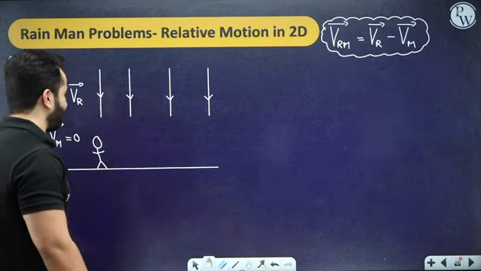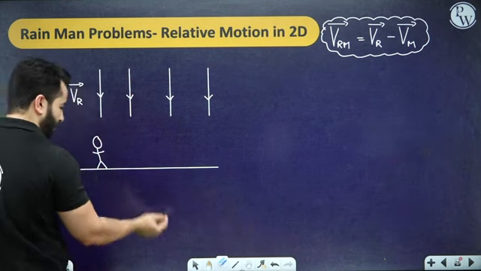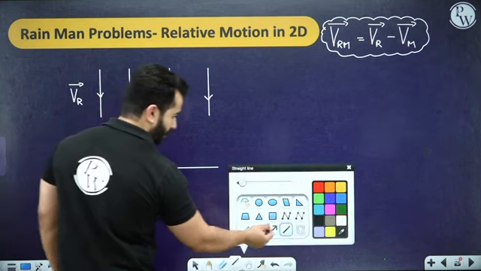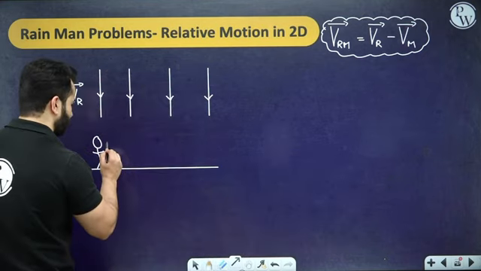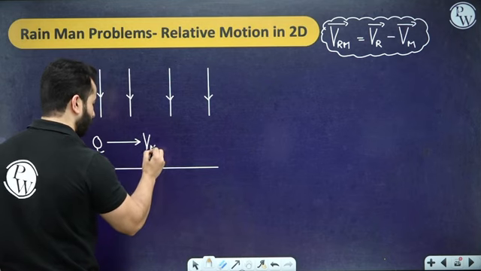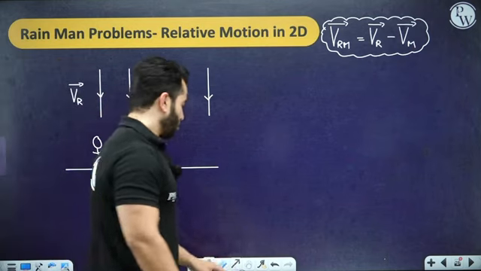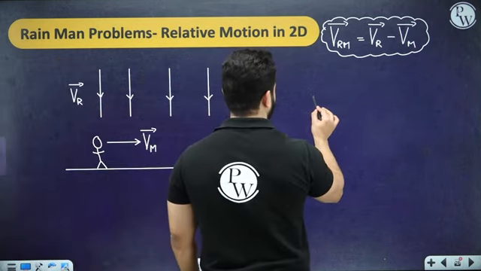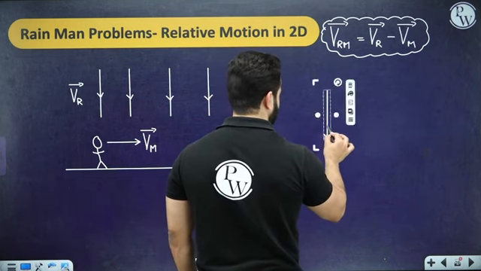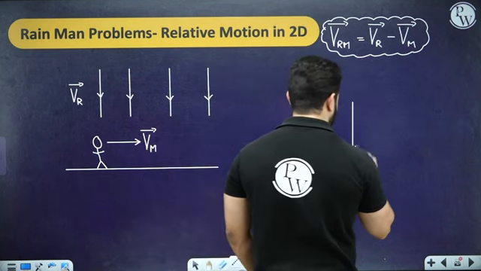Now let's suppose in another case, this person starts to run with the velocity of Vm with respect to ground. Now what will happen? So now we have got velocity of rain which is falling something like this, and this is the velocity of man.